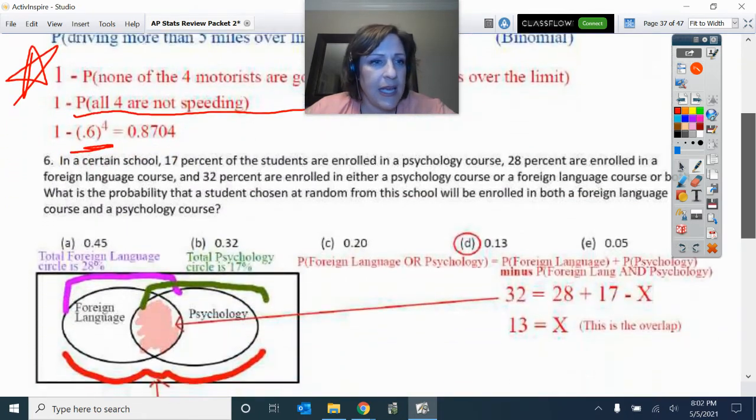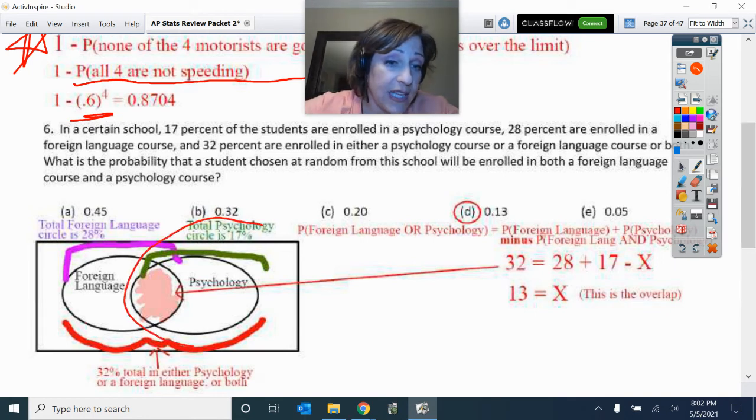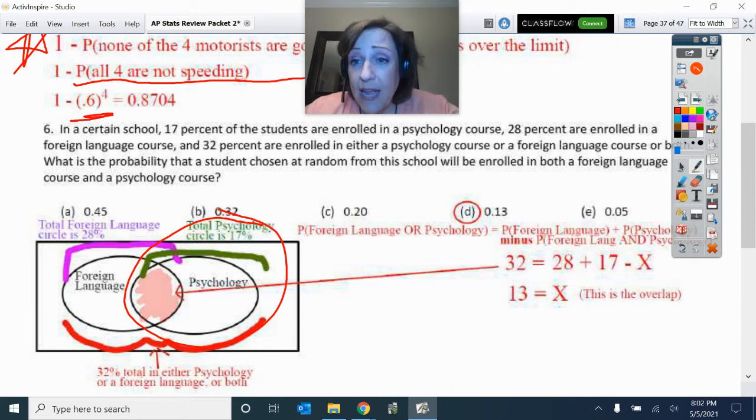All right. Here we have again, and I remember this was an actual AP multiple choice question, okay? So let's take a look at this. When they say 17% of students are enrolled in psychology course, so that's this total amount. Do you see this green here? This is the total amount right here in the psychology course, that whole circle. And 28% are enrolled in a foreign language.